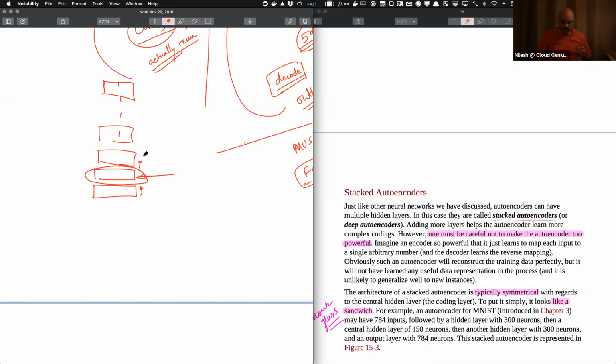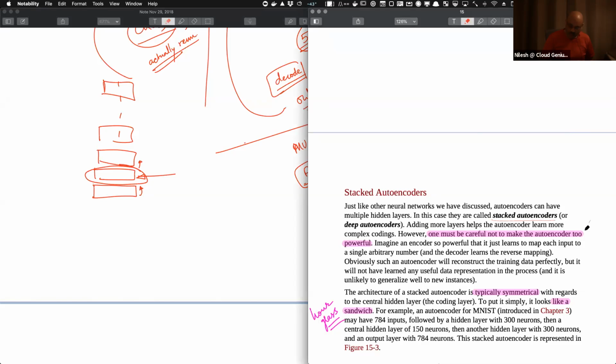So one of the cautions here is to not make autoencoders too powerful. What does that mean? It is likely to run into a situation called overfitting. So you don't want a situation where you have too many layers. It might do exactly what you want at training time, but not succeed at testing time.